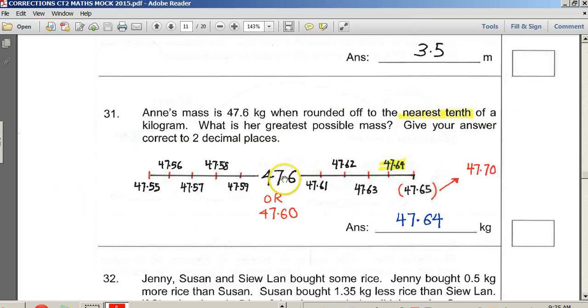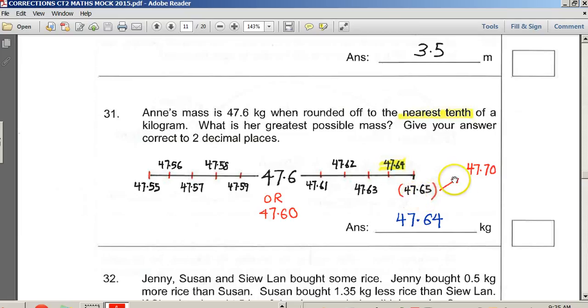So what you need to do is find the answer in two decimal places. The greatest possible number is 47.64, but not 47.65.